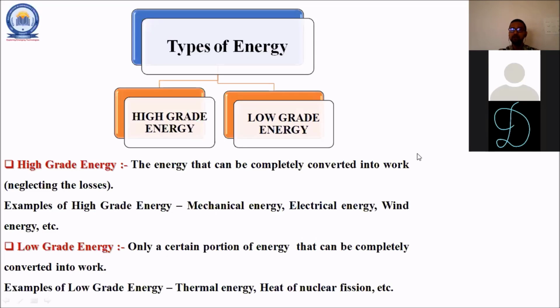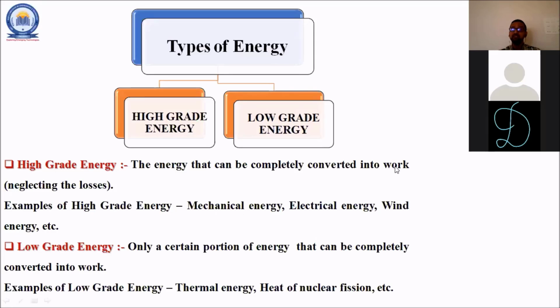The important point which you need to remember is that the types of energy are further divided into two types: the high grade energy and the low grade energy. Dear friends, understand this concept perfectly. High grade energy is that type of energy that can be completely converted into work.